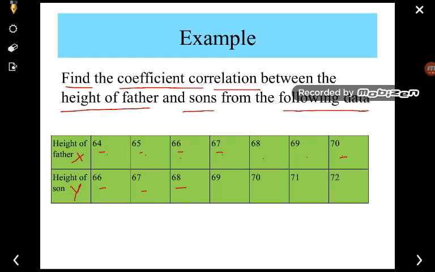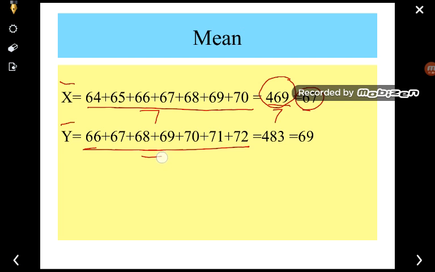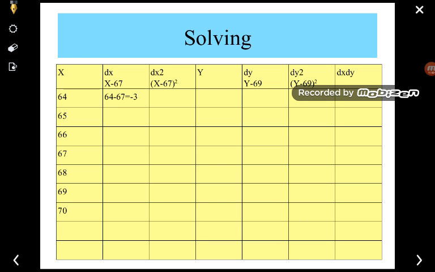The number of y observations is again 7, so we divide all together by 7. It comes around 483 divided by 7, that is equal to 69. So the x mean, x bar, comes to about 67 for the x variable, and y bar comes around 69 for the y variables.